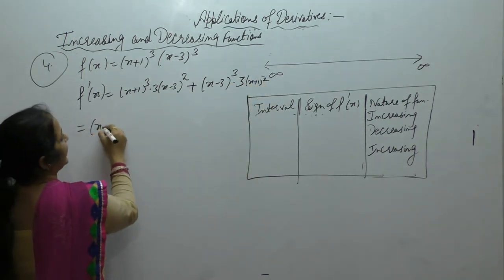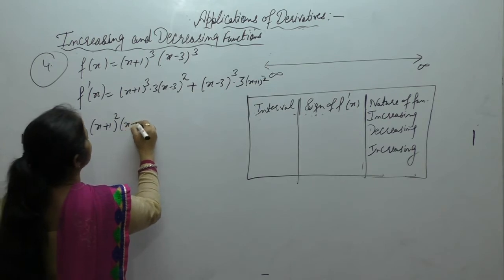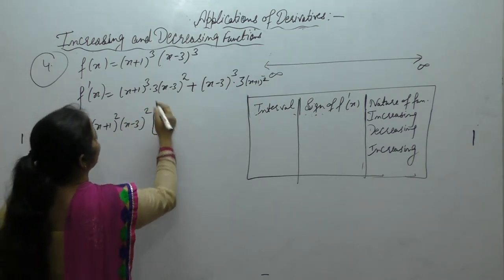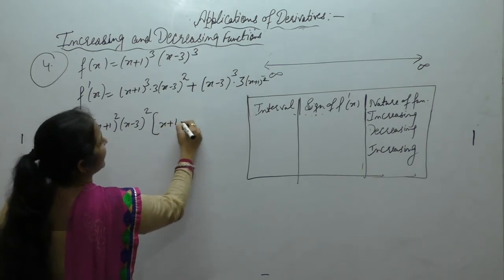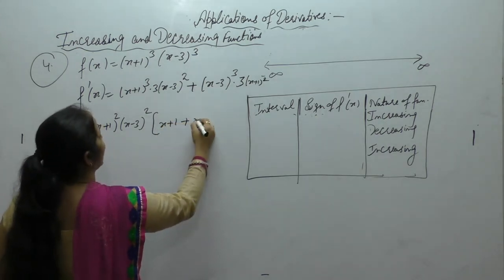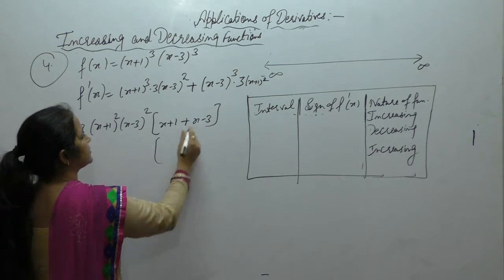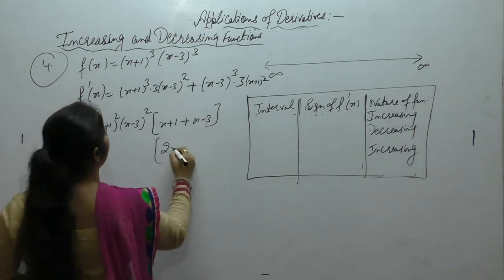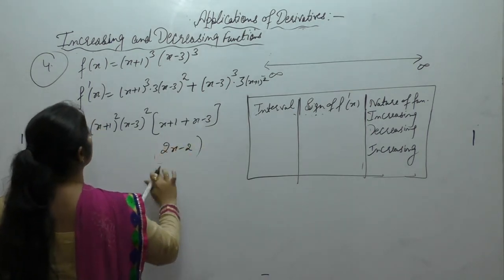Now we can take x plus 1 square and x minus 3 square and 3 common. So we are left with x plus 1 plus x minus 3. What do we get? 2x minus 2.